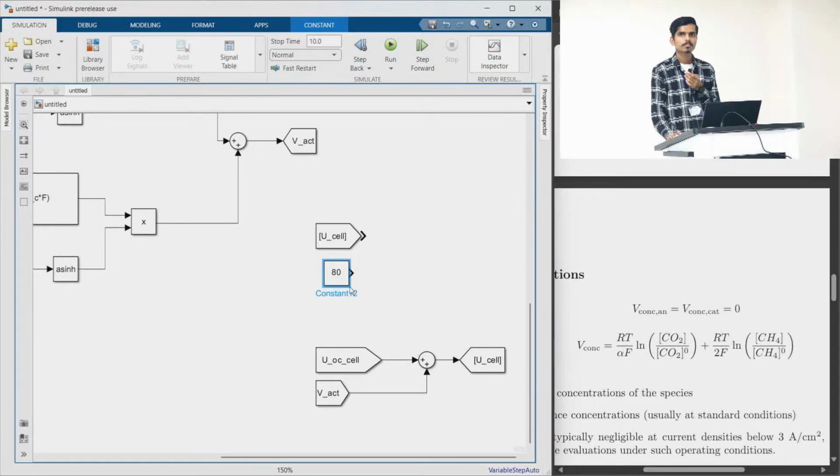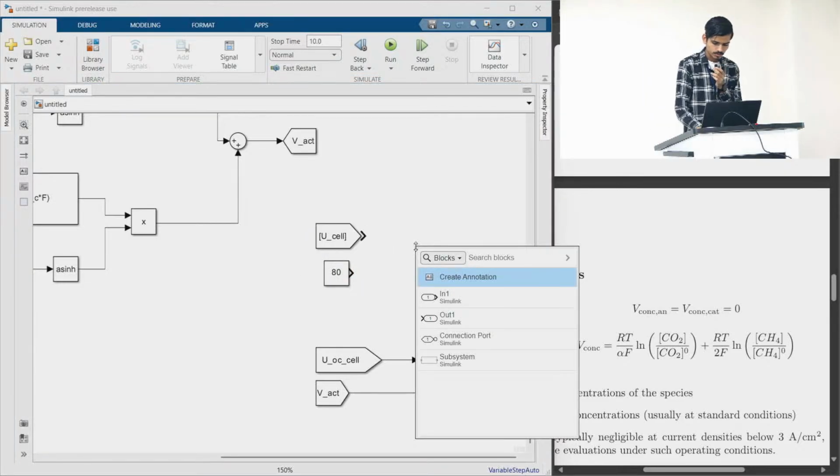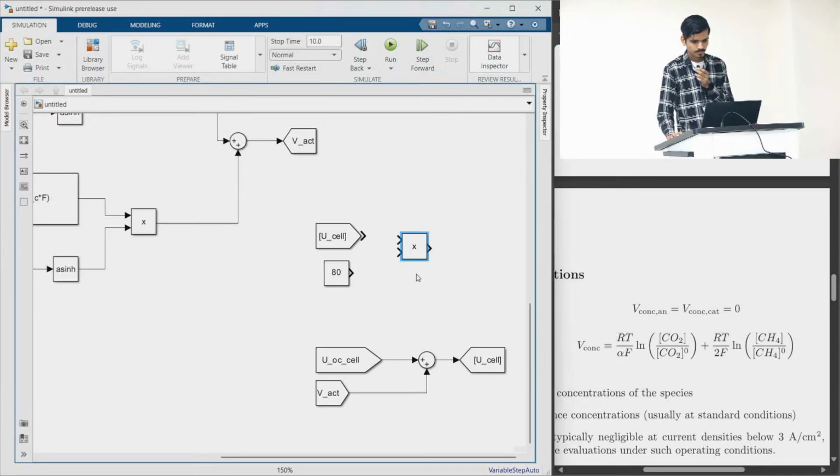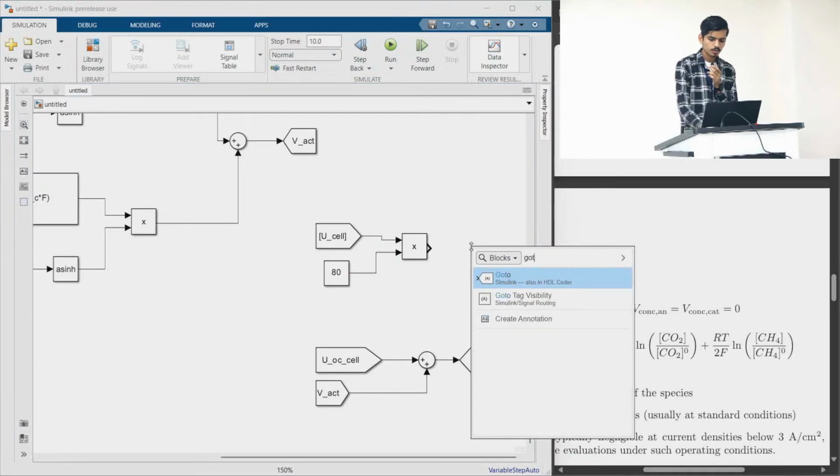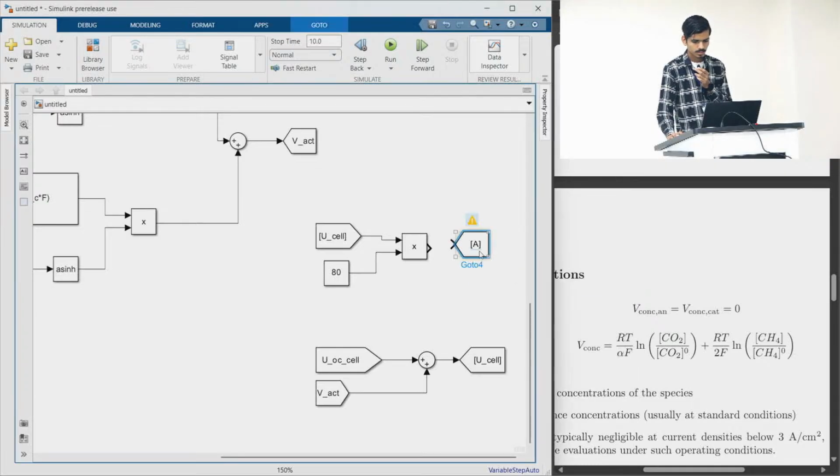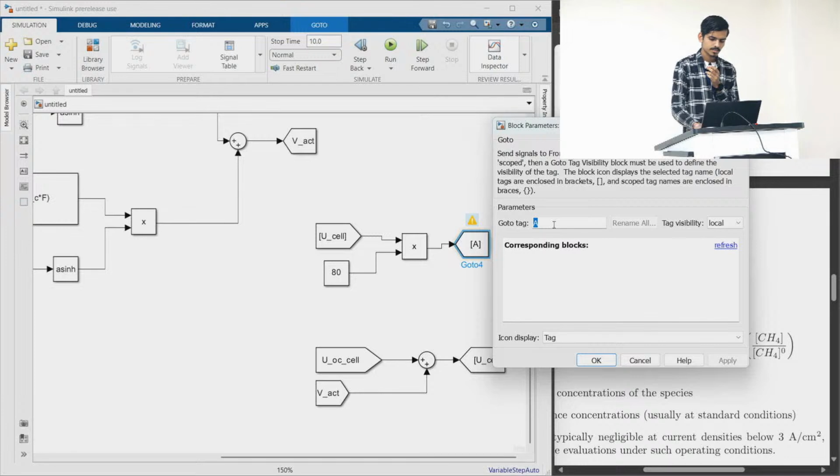The number of cells in series is 80. So we have created this From block from this Goto and multiplied by the number of cells to get the actual voltage. So now search for Product. And now create one more Goto block and name it as VTH, threshold voltage.